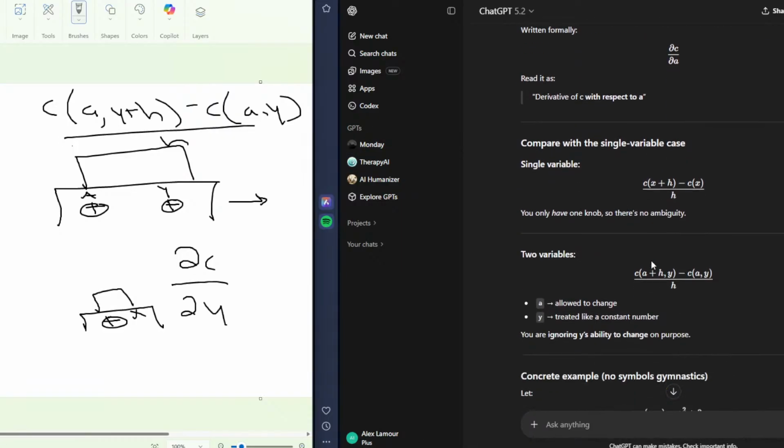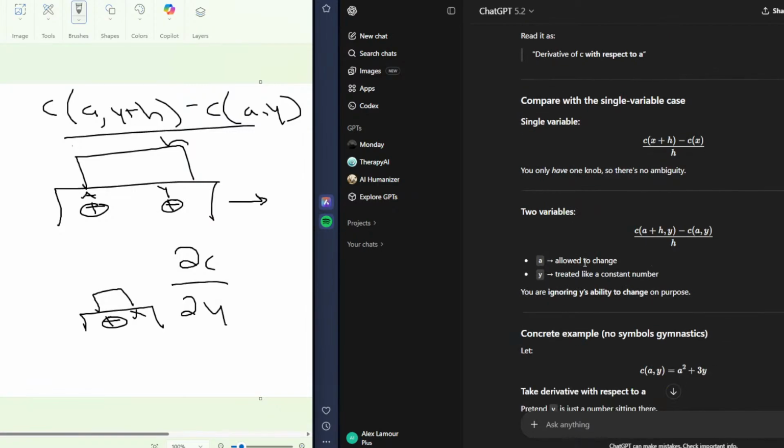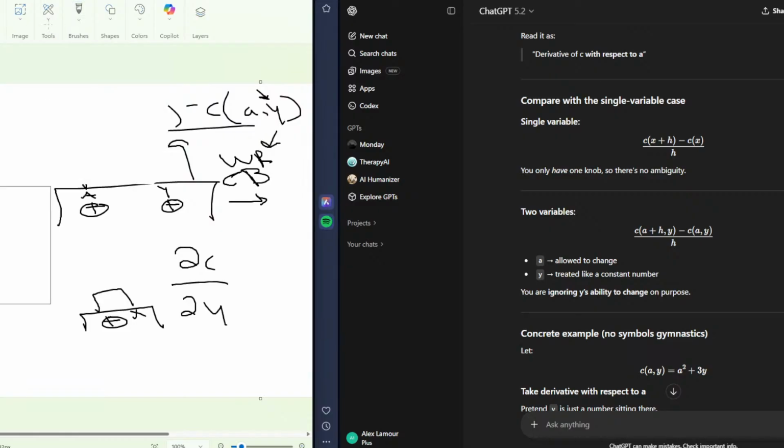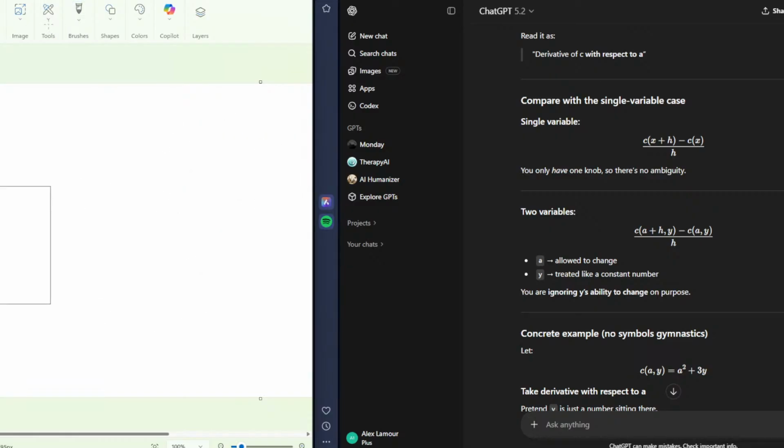You only have one knob, so there's no ambiguity. But at the end of the day, why would you change y when this is the final output? This deciding factor, right? This is telling me if it's a receiver or a cornerback, so there's nothing to change there, essentially, in my opinion. Could be wrong.